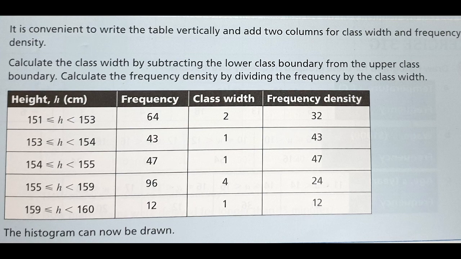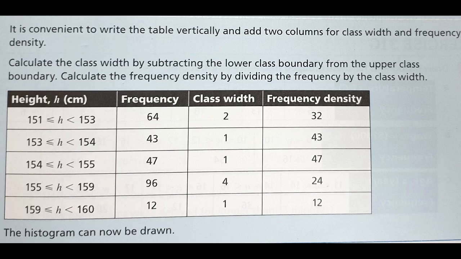The vertical scale we always take as the frequency density, and on the horizontal scale we represent the height. Our first interval is from 151 to 153 and we got our frequency density as 32. So we draw it from 151 to 153 and the height of the bar is 32. Then the second class interval is 153 to 154 and the height is 43.